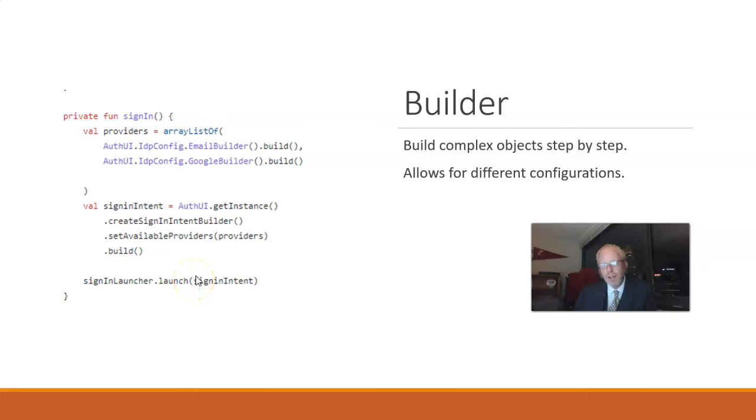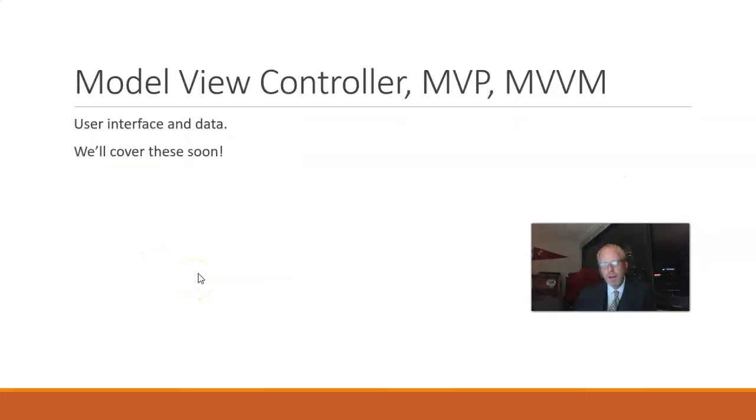Now, that's a look at a lot of my favorite design patterns, but there are a few more that we still have yet to cover. There are a couple I just, for sake of time, didn't fit into this presentation. There's several more. There's strategy, there's state, abstract factory, several more that I'll let you research on your own. But some of the big design patterns that we'll cover in a separate presentation are the ones that use user interface and data.